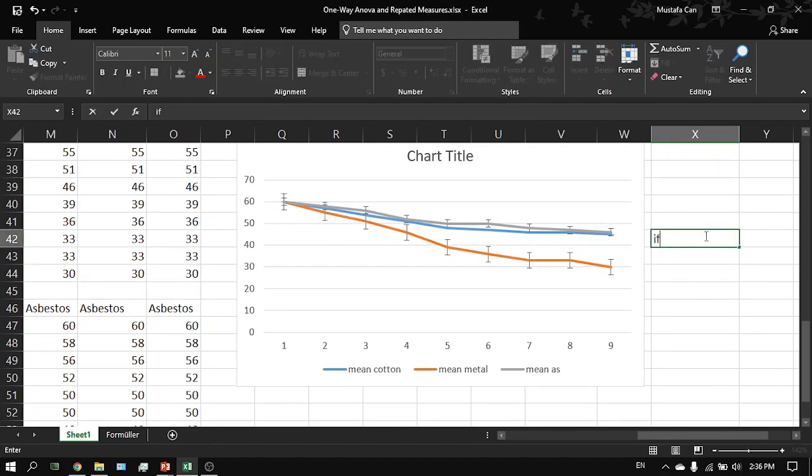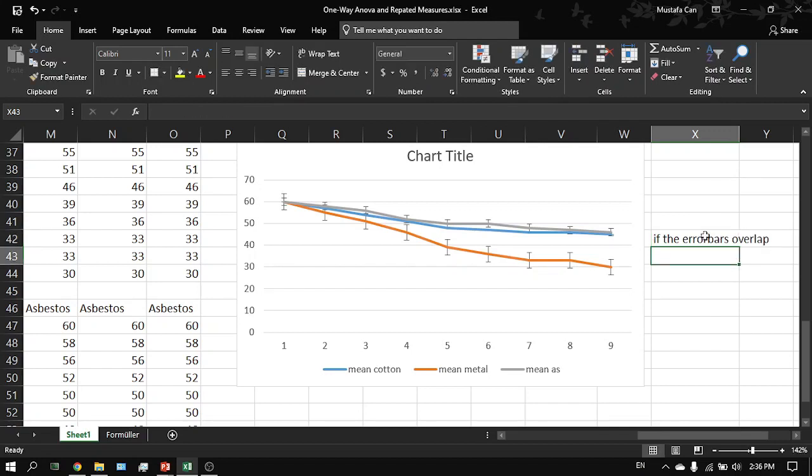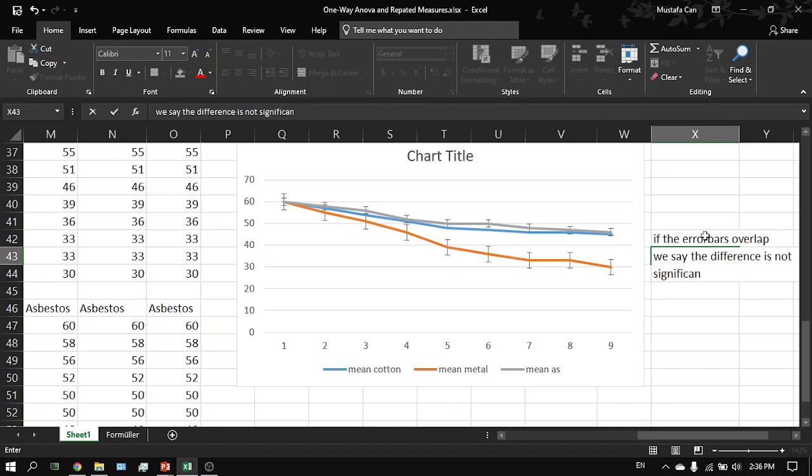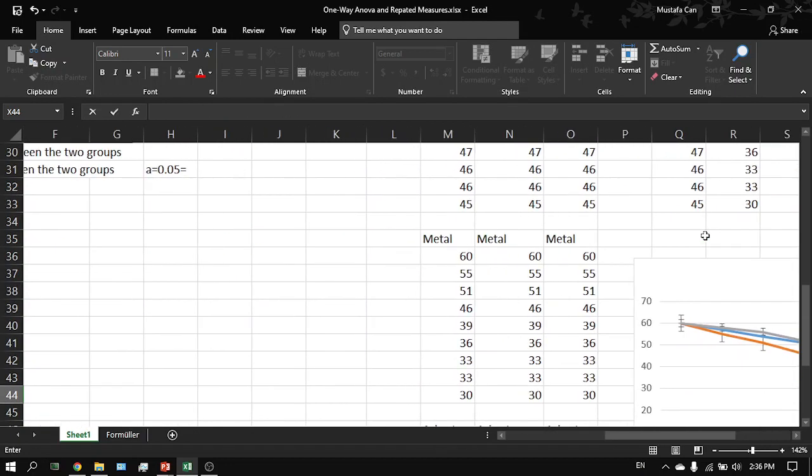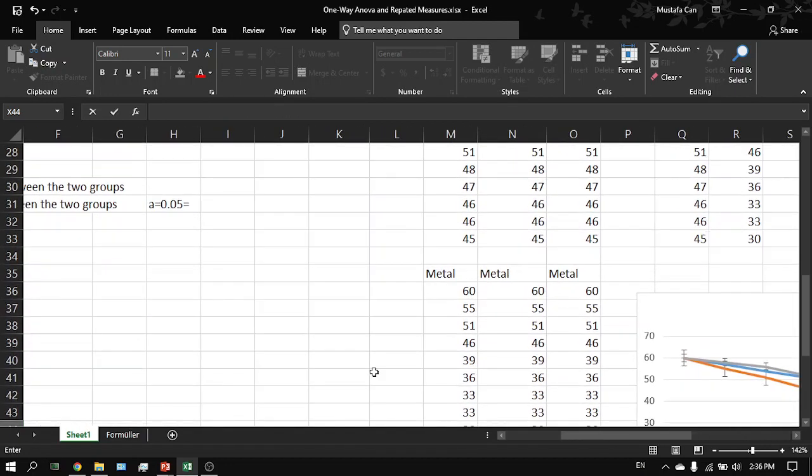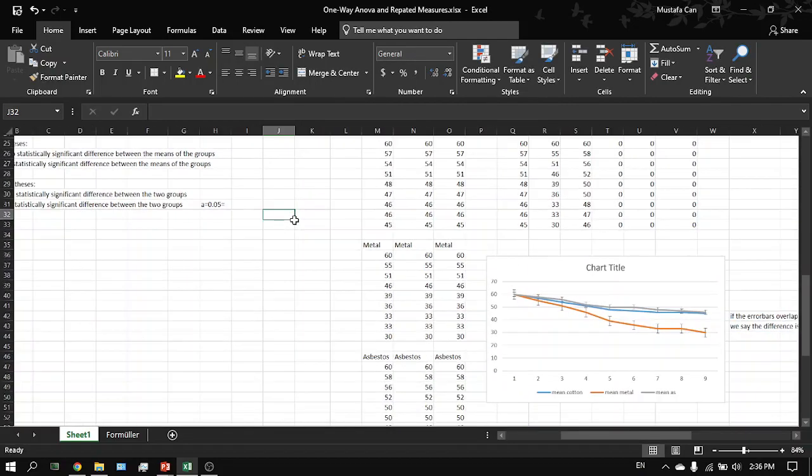So if the error bars overlap, we say the difference is not significant. And since we compared the means, we know it from our statistical test as well.